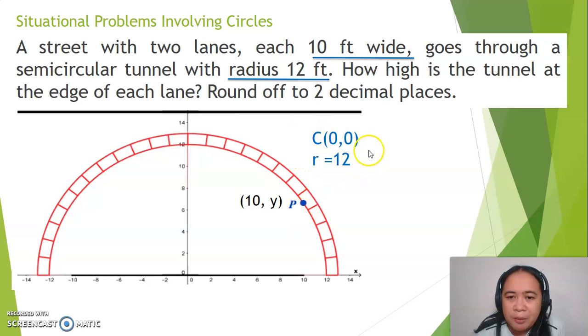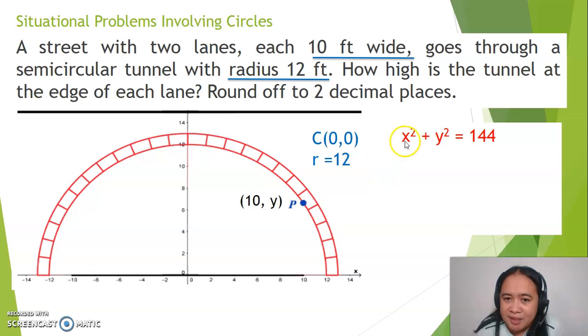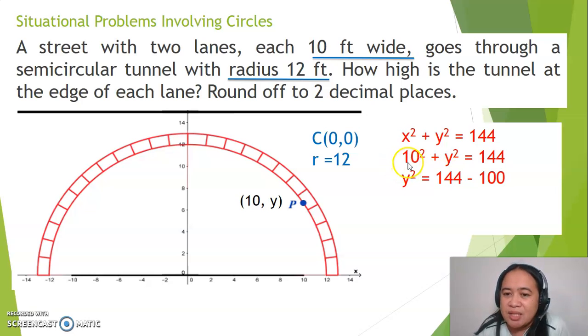Given these properties, we can identify the equation, which is x squared plus y squared equals 144, or that's 12 squared. Now using this coordinate 10 and y, this is x and this is y, so substitute. That would be 10 squared plus y squared equals 144. Now 10 squared is 100, so transfer it to the other side, that would be minus 100.